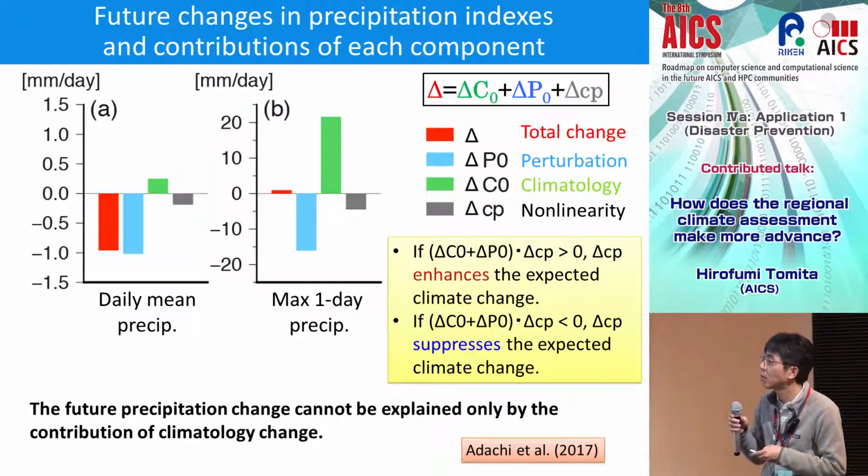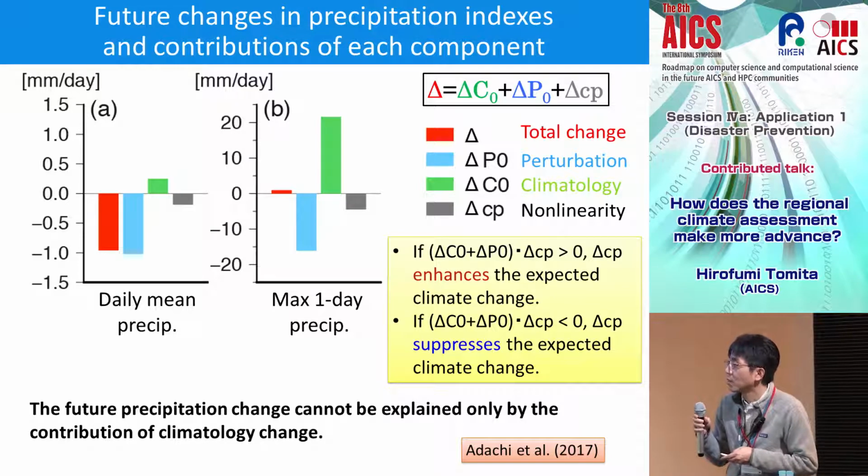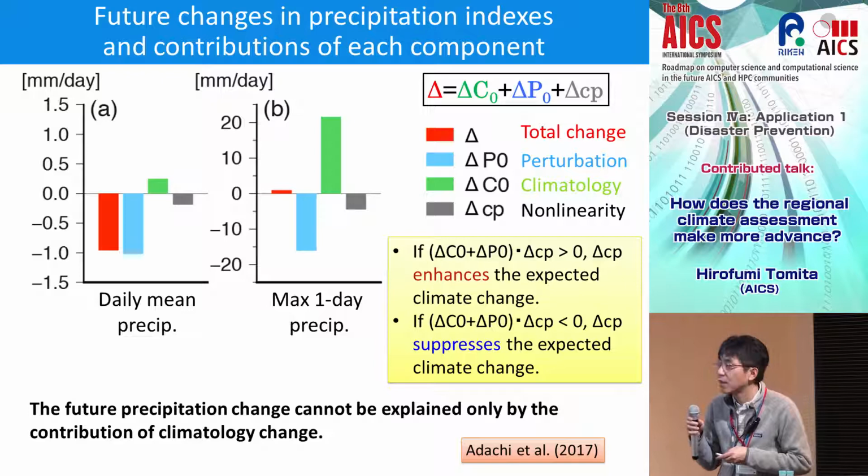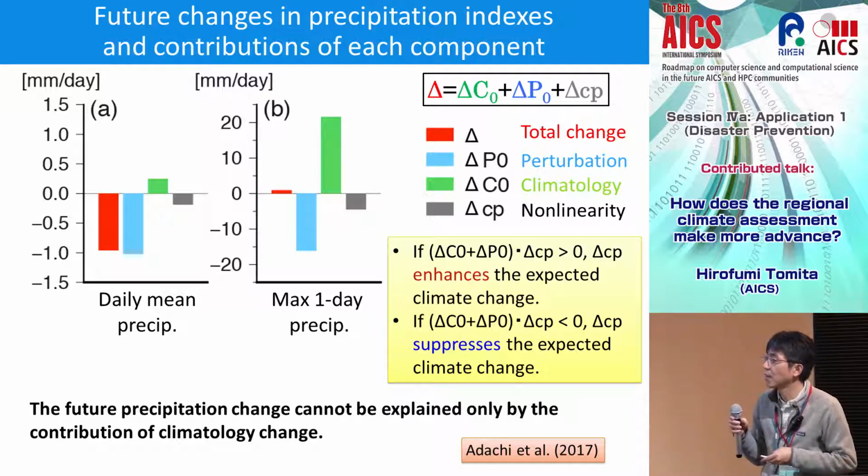Okay, so this situation is typically shown in this picture. And if the sign of the expected climate change and the interaction are different, the interaction suppresses the expected climate change.